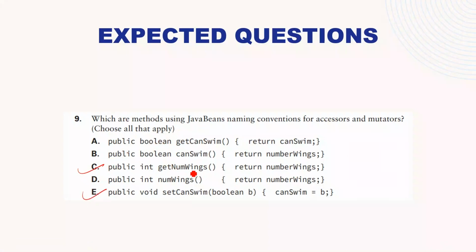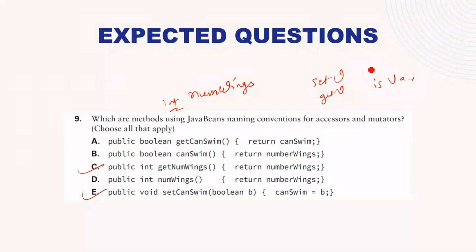Public int getNumWings: let's assume the variable name is numWings and it's an integer variable, so getNumWings is correct, and the return type, which is integer, is correct, and it is returning it, so that is fine. In getters and setters the convention is get or set followed by the variable name, and if you are using a boolean, then the getter is is followed by the variable name.